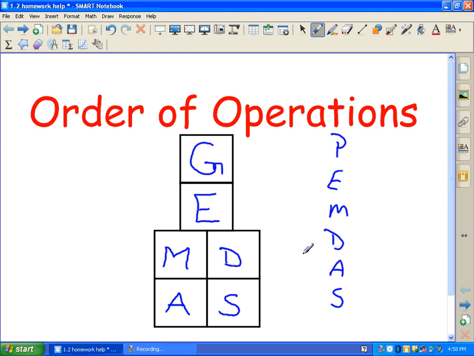And so instead of using please excuse my dear Aunt Sally or PEMDAS or something like that, I prefer to think of order of operations as a hopscotch board. Grouping symbols come first. Exponents come second. And then you'll notice that multiplying and dividing, the squares are next to each other. When we're playing hopscotch and two squares are next to each other, we jump into them both at the same time.